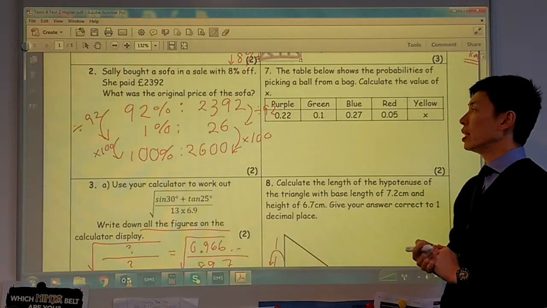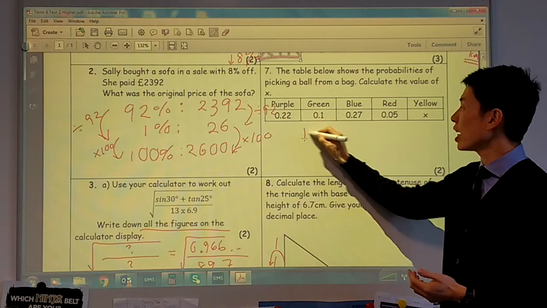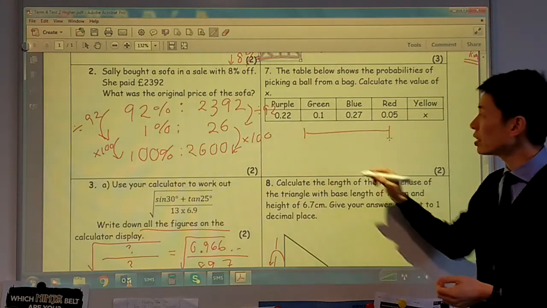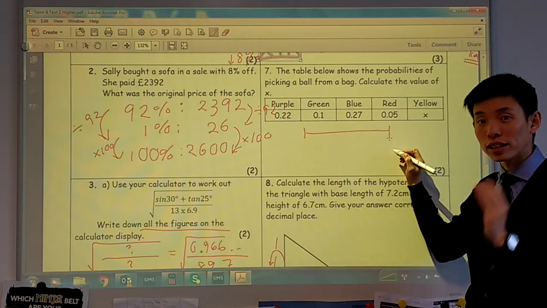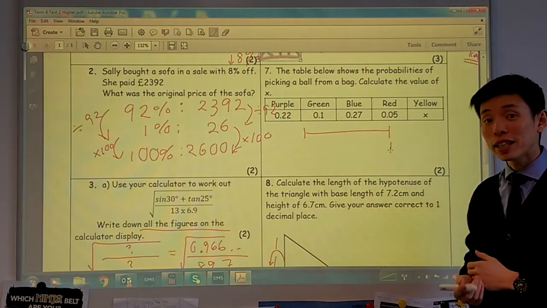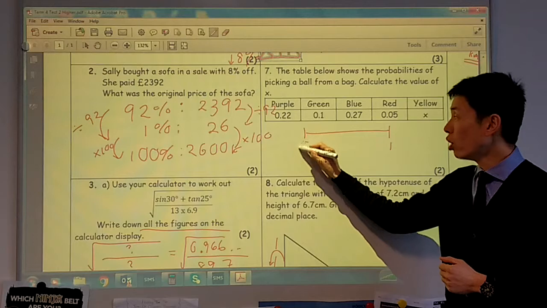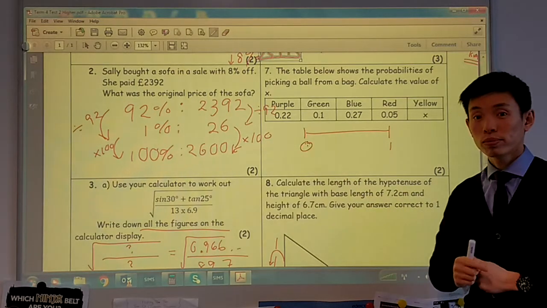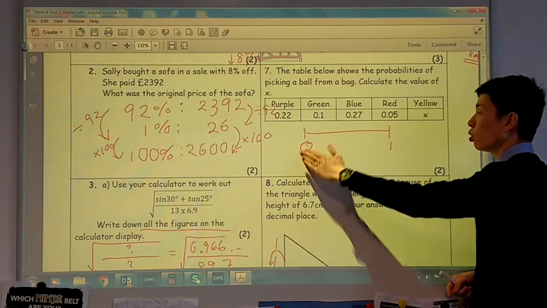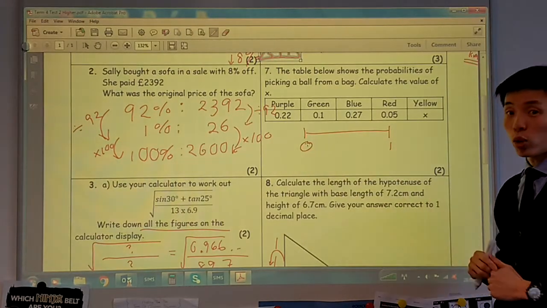Question 7. Just to remind ourselves, the probability scale means that if you are 100% certain that something's going to happen, the probability is 1. If it's not possible, it's 0% chance, it's 0. So 100% is actually 1.